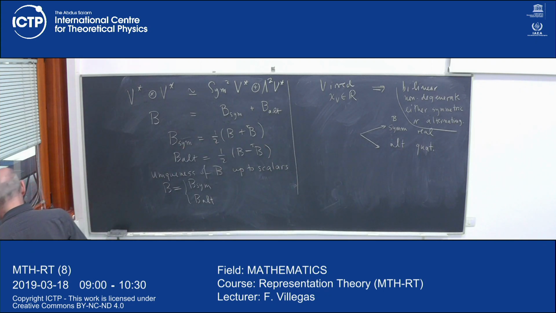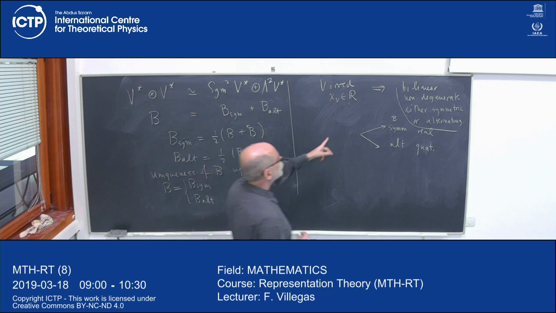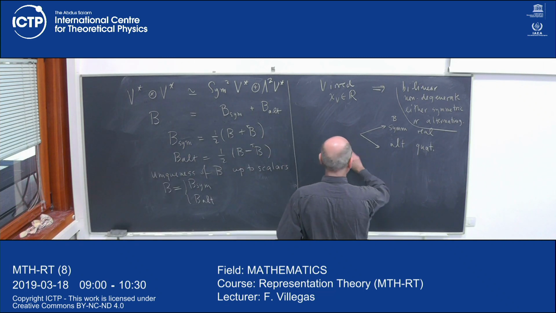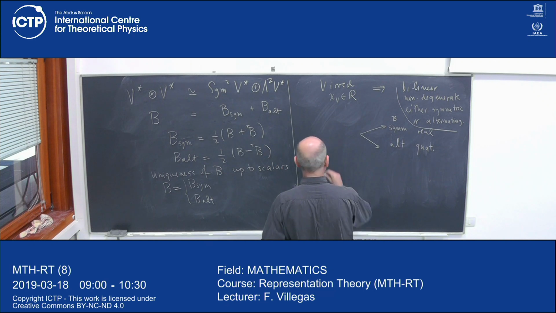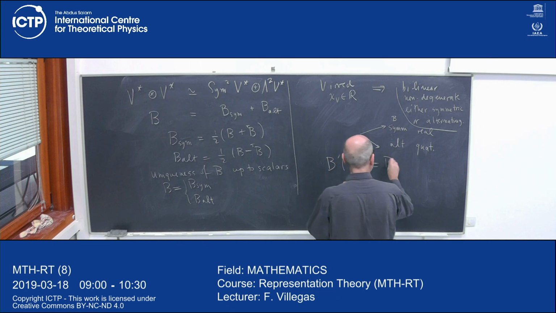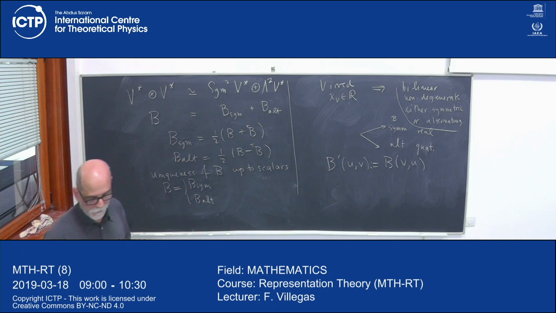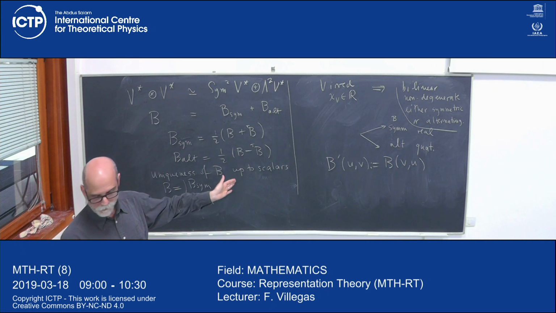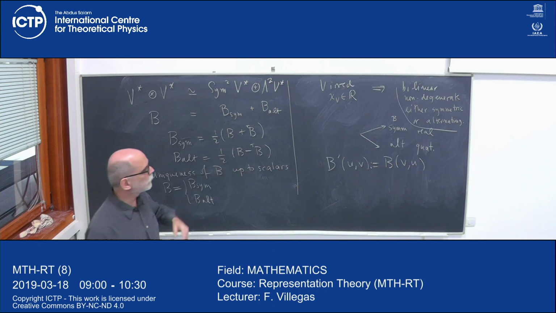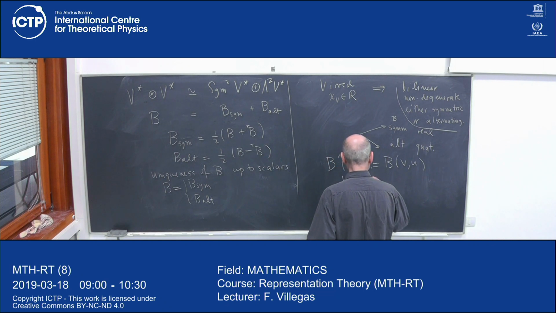Okay, so let's see how this is done. Let me summarize the story this way. We can argue as follows: if we define V prime as V where U and V are switched, this is another bilinear form that is fixed by the group. So it has to be the same as B up to scalars.